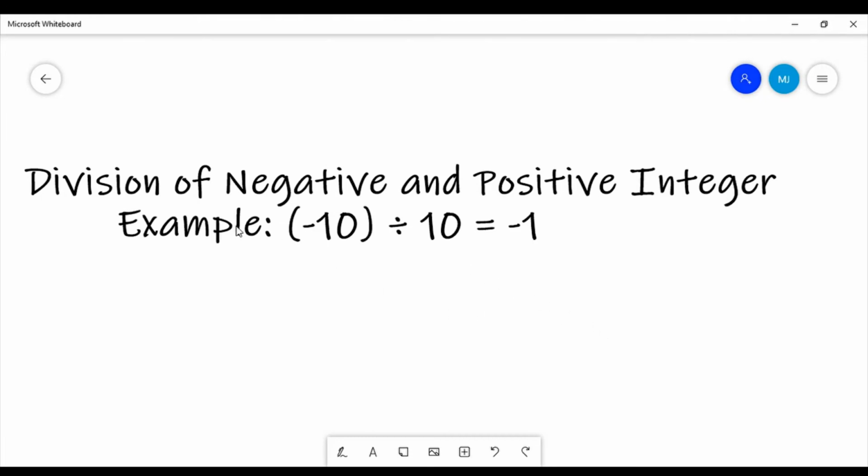I repeat, sa division of negative and positive integer or positive and negative integer, kailangan lang nating i-divide ang dalawang number and then the result is always negative. I hope you get it.